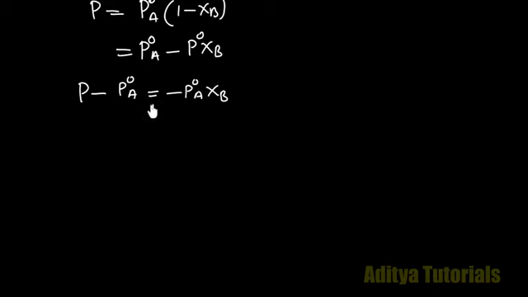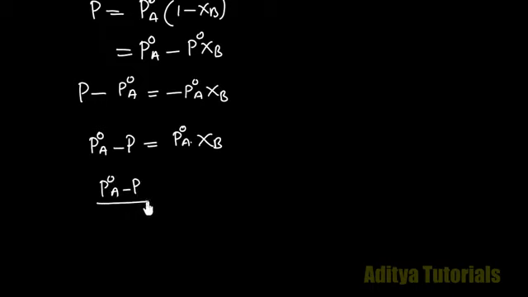Now I just interchange here and eliminate the negative sign. Then it becomes P naught A minus P is equal to P naught A into xi B. Now this P naught A I take on the other side, it becomes P naught A minus P divided by P naught A, that is equal to mole fraction of B.